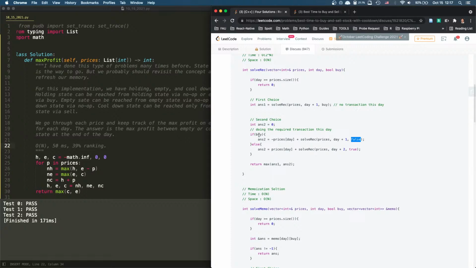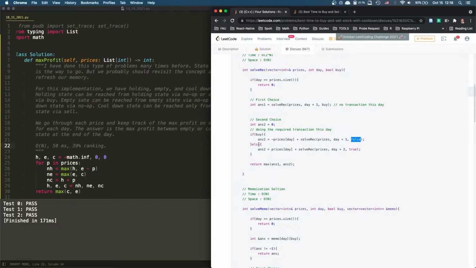It's like if buy, then the next day we can be buy or sell. But if it's sell, the next day can only be buy or a no option. Well, we always do no option, so that's fine. But if previous is buy, then I can buy.